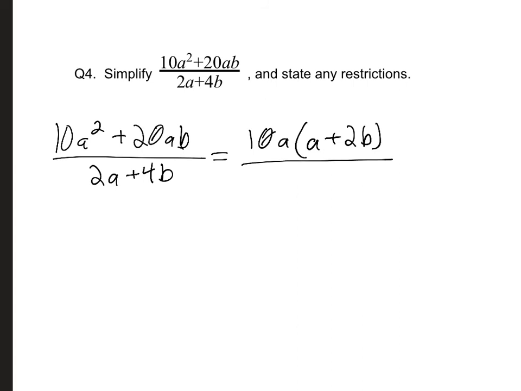In the denominator, we have a factor of 2 that's in common. If we factor 2 out of the first term, we're left with a, and if we factor 2 out of the second term, we're left with 2b. Now, before we start simplifying, we need to observe the restriction.